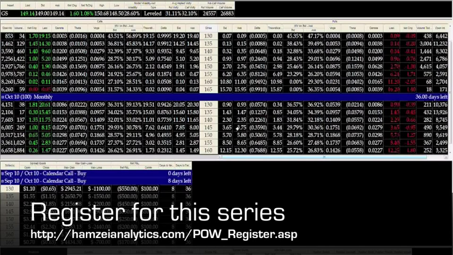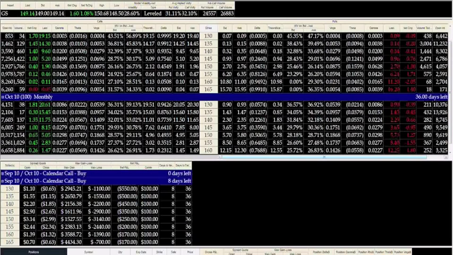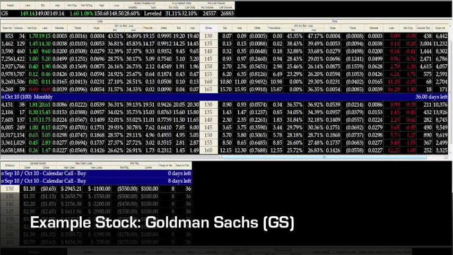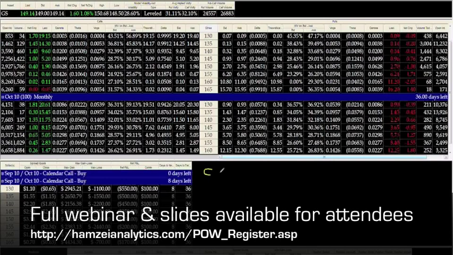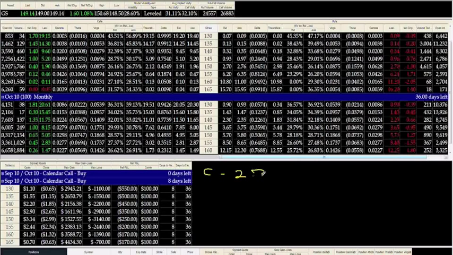What I want to get to and show, let me get over here with our little marker. Is the call. What we did there is we paid 2.75. And the put, what we did was we got 2.75.